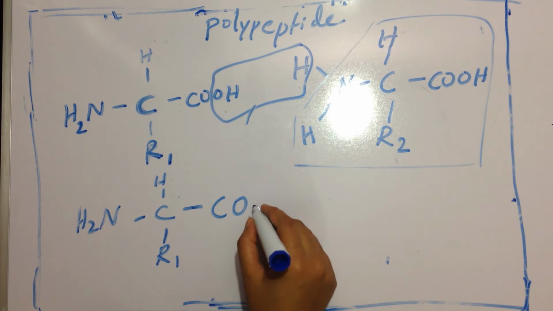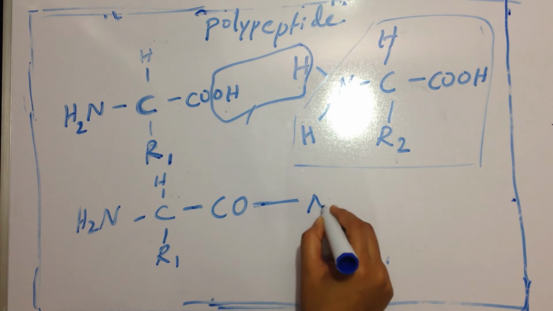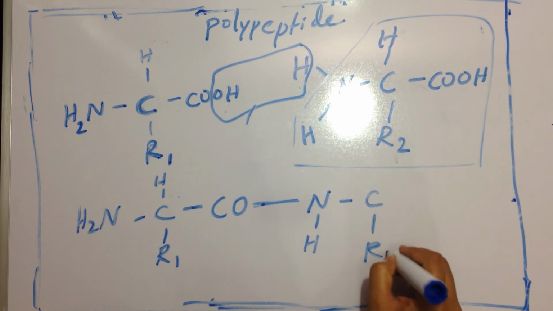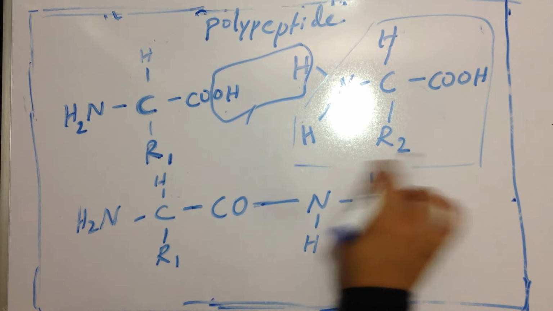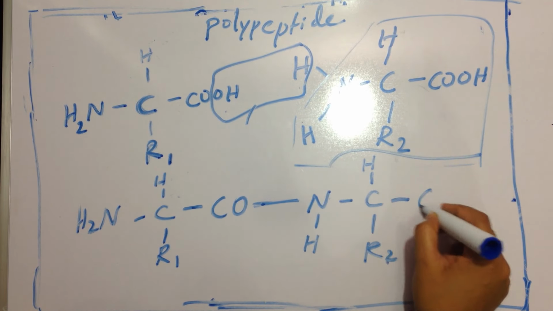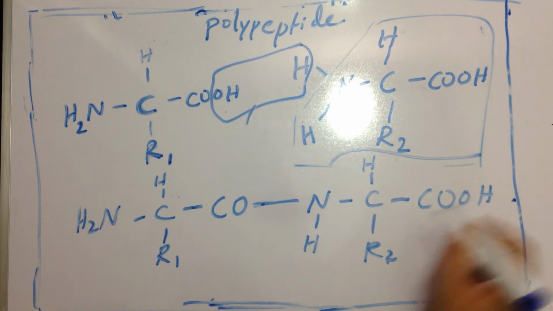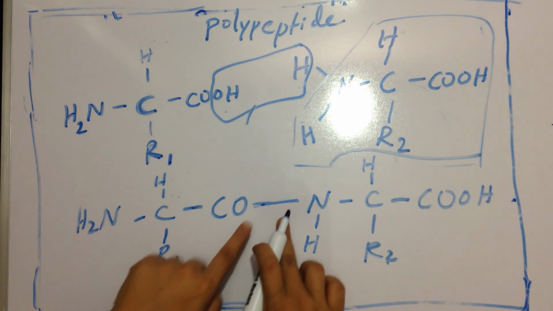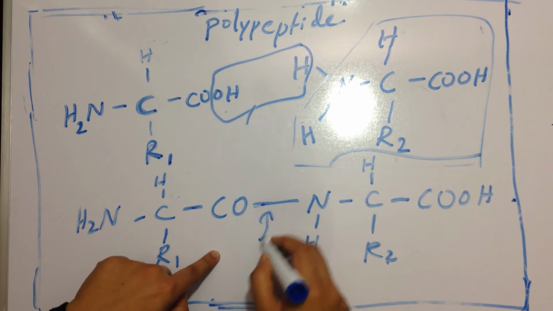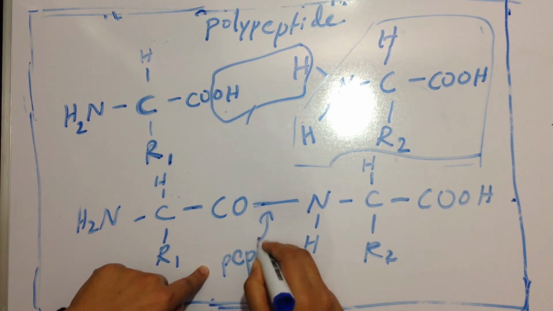So I'm going to write NH here, CR2, and H, COOH. This is the new bond formed between these two amino acids, which we call the peptide bond.